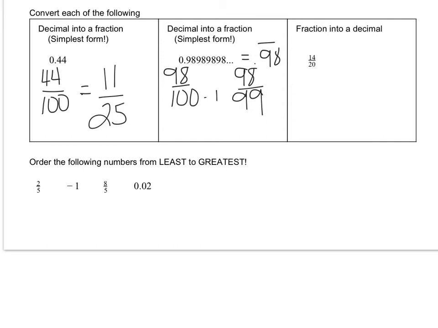What does the fraction bar tell you to do? To divide. So in your calculator, take 98 divided by 99. Hit enter. Looks like the original number we had, with the exception your calculator rounds it because it doesn't hold all of the numbers.